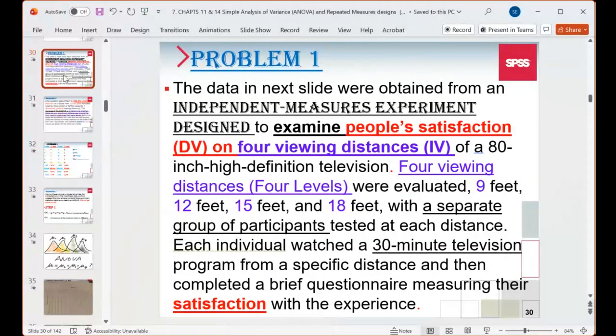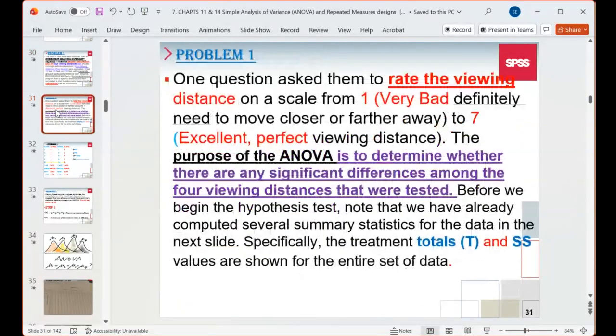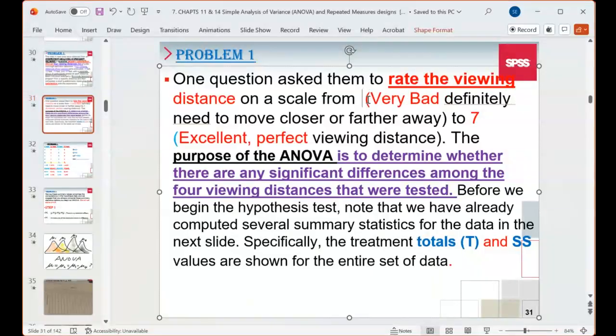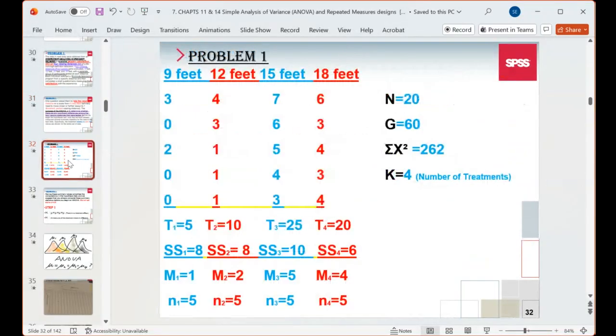Every person watched 30 minutes of TV, and then we gave them a questionnaire on a scale of 1 to 7, 1 being very bad. Actually that should be 0 to 7. 0 is very bad, definitely need to move, and 7 is excellent. T's are totals and all that. So again, 0 is very bad.